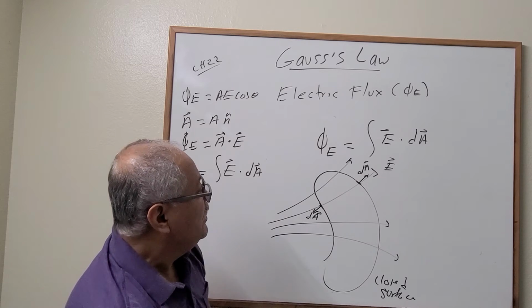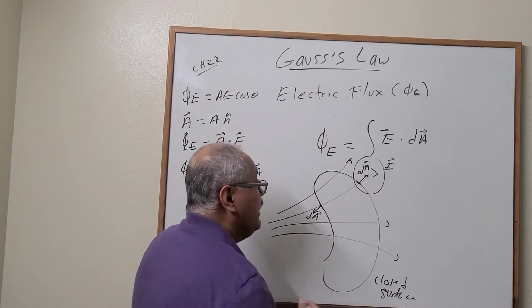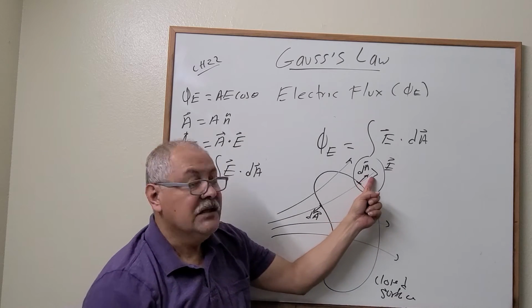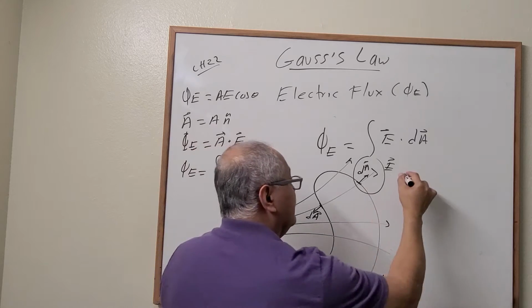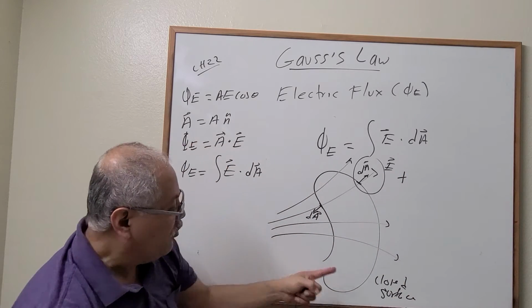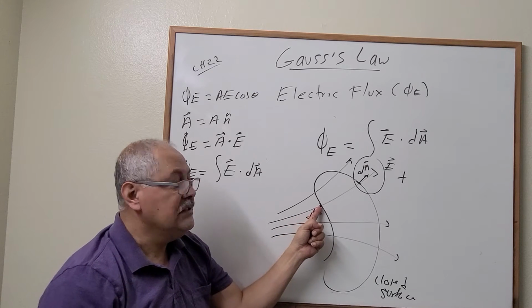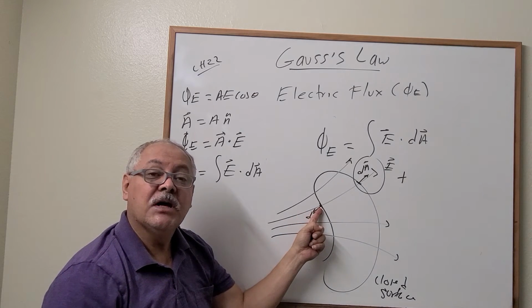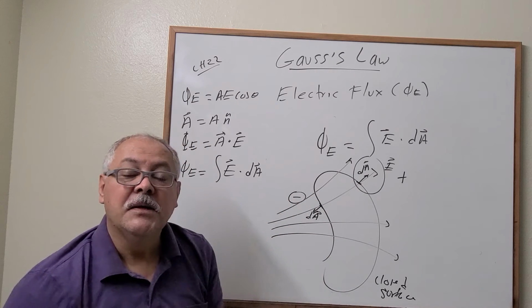Now, by convention, when the electric flux leaves the surface, the electric flux is positive, when we're dealing with a closed surface, of course. When the electric flux is entering the closed surface, the electric flux is going to be negative by convention.